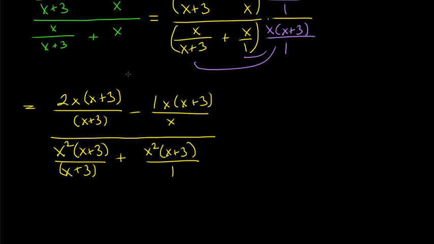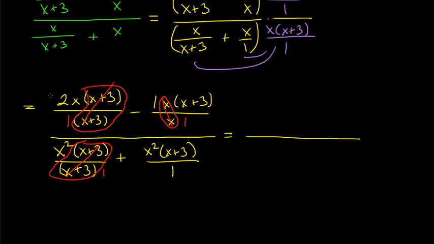So, yeah, this is not pleasant. It looks like a big mess. However, a lot of things simplify here. This x plus 3 over x plus 3 is 1. x over x is also 1. And x plus 3 over x plus 3 is also 1. So notice we canceled all the denominators. All the denominators are 1s.